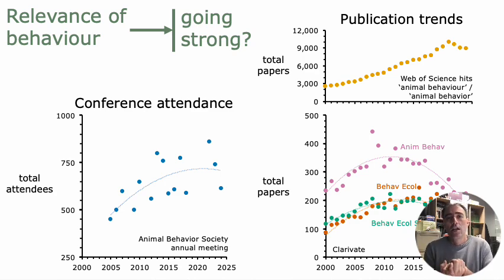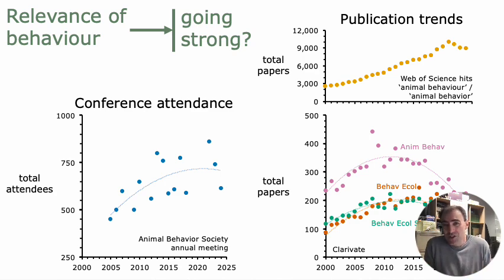Our 3 premier journals in animal behaviour, you'll see that in the last few years, the total number of publications coming out in these 3 premier journals in our discipline has been progressively dropping off again in the last decade. I'm not going to make a lot of fuss about this data. I was expecting to see something else, so it's quite interesting to see, at least in the context of what I've got on the screen here.